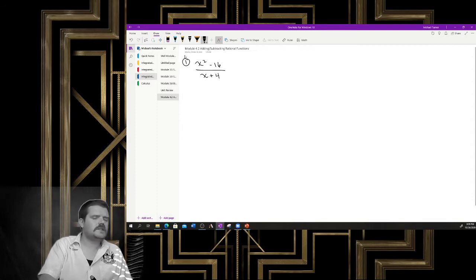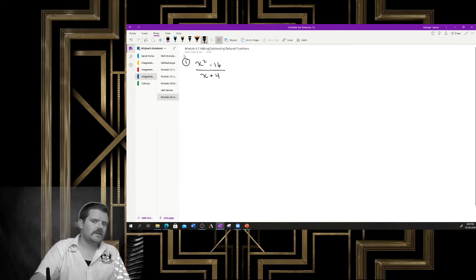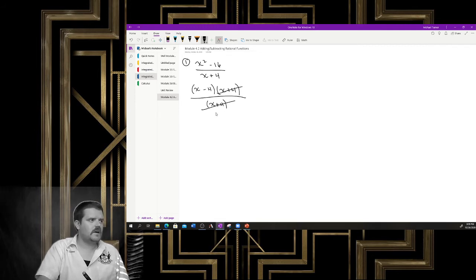Remember that we are simplifying these by factoring. So the numerator, because it's a difference of squares, I can rewrite that as x minus 4 times x plus 4. And once I do that, I have an x plus 4 on the top and bottom that I can cancel. And so I'm left with my answer, which is x minus 4.